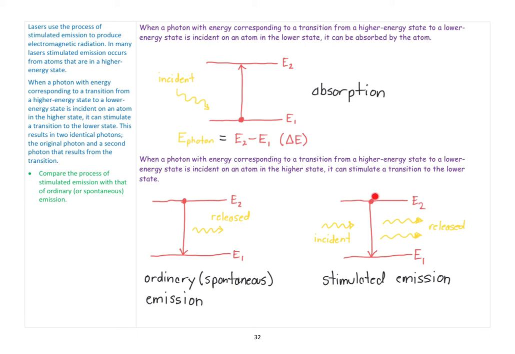So if we have an atom in an excited state, like we did here with ordinary emission, but rather than it just undergoing spontaneous emission, if a light is incident on that corresponds to this energy level gap, it will stimulate the atom to relax, and when it does, it will produce two photons. And those photons will have some very special properties, and we'll talk about that on the next slide.